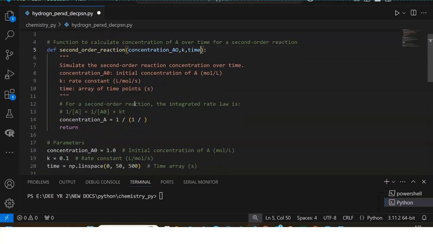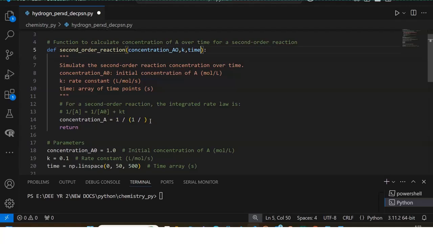Then we are going to say that this concentration of A, of course, we need to define it. So we are going to put it down here, and this is going to be what?